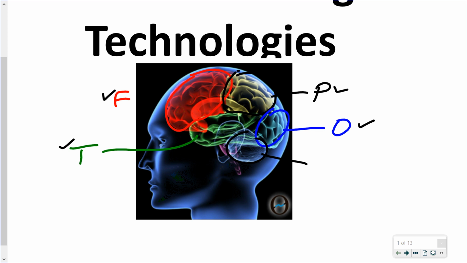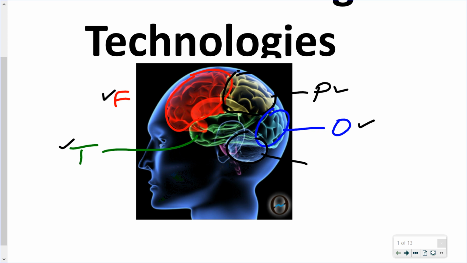To quickly refresh your memory on the major functions: frontal lobe, executive functions, voluntary motor control, personality; parietal lobe, sensory perception, somatosensory from your skin, taste; occipital lobe, vision; temporal lobe, hearing, memory; cerebellum, balance, posture, and coordination.